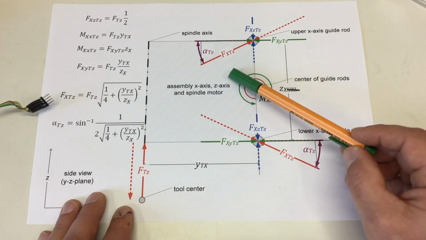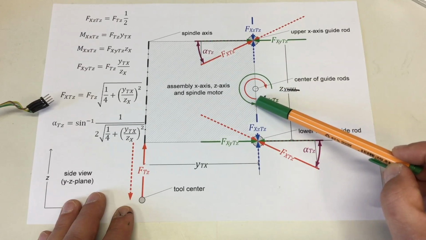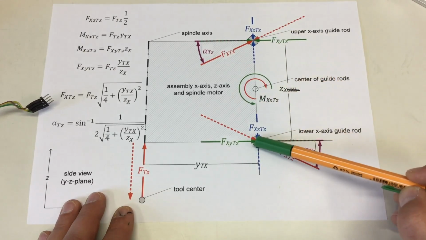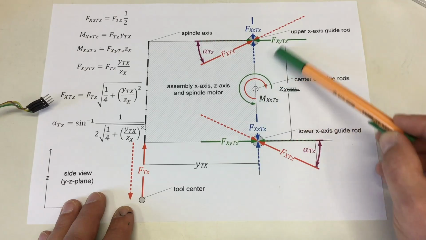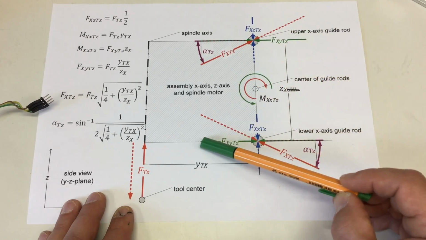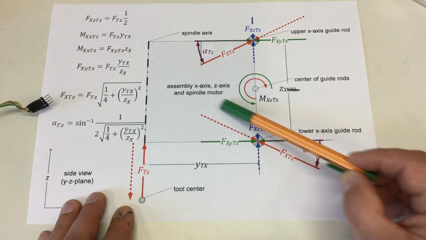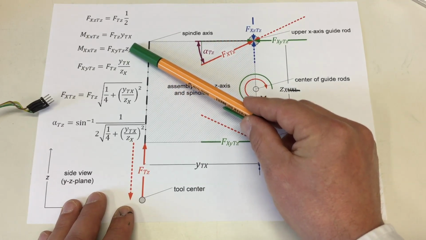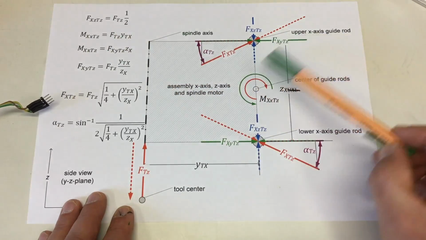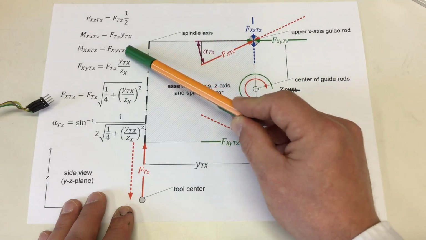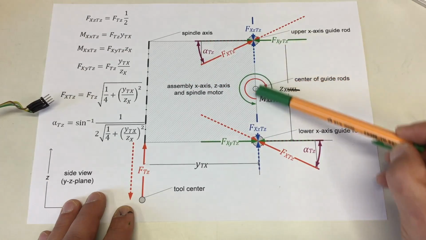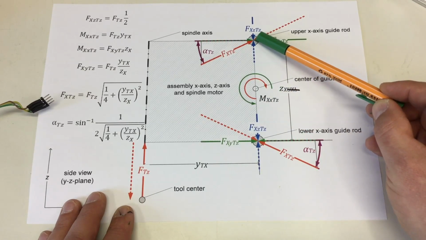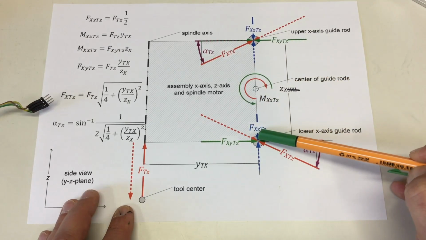And we have calculated the counter momentum created by the upper and lower bearings, which go in this direction and follow this simple formula, which is simply these forces times the distance between our upper and lower bearing.